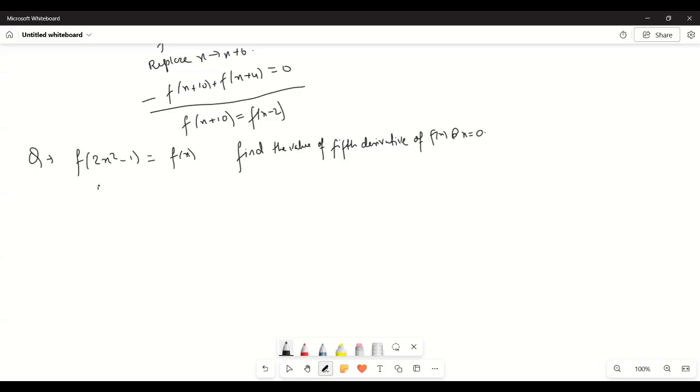How do we solve this? In the question, let's say, replace x with minus x. So we'll have f of 2x square minus 1 is equal to f of minus x. But what does this imply?